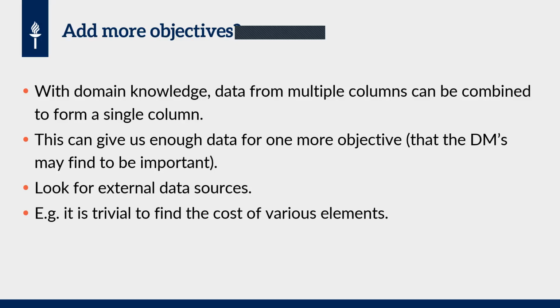So we combined 20 of those columns together to form a single objective for the Charpy energy value at a certain temperature that the decision makers thought was important for this particular application. So we have one additional objective based on data from 20 different columns combined.